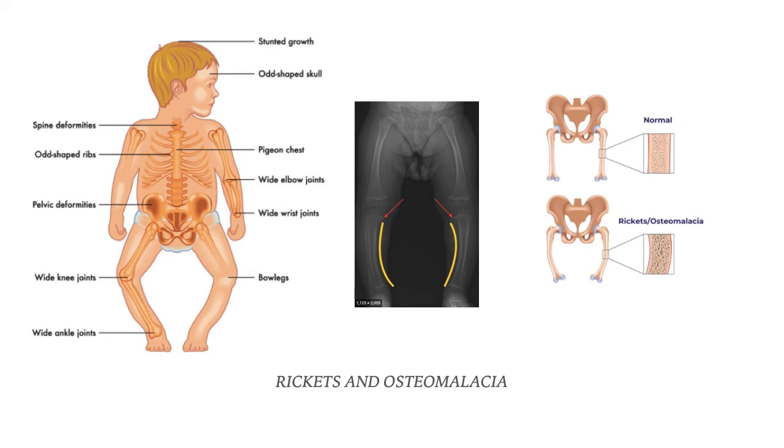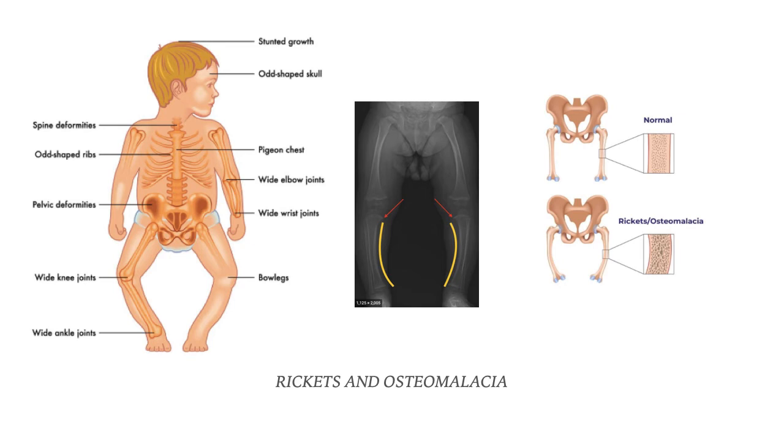But the most significant symptom you would see is the bowed legs, which is seen in the x-ray in the middle of a child, and how their lower leg is bent outwards, making a C shape. If it were normal, it would be a little bit more straight.